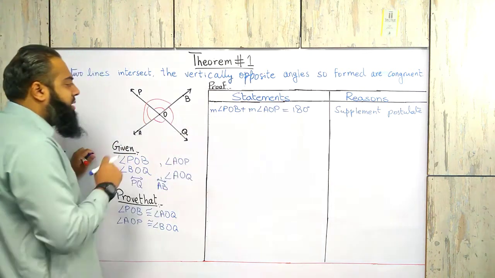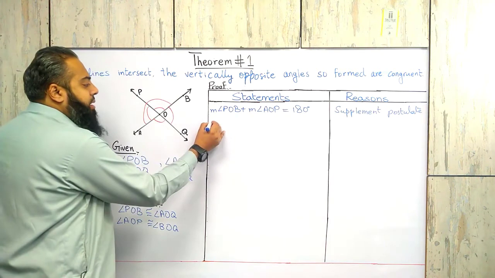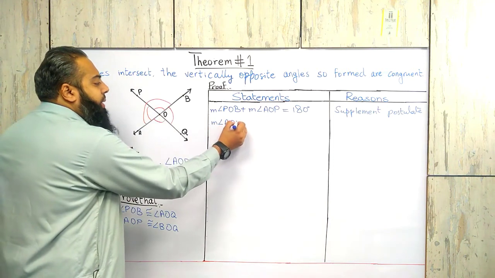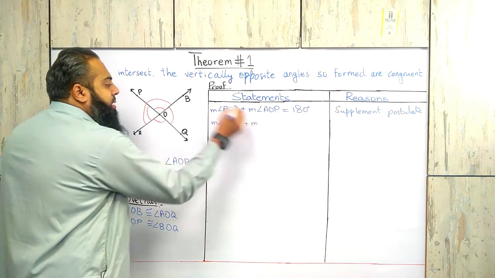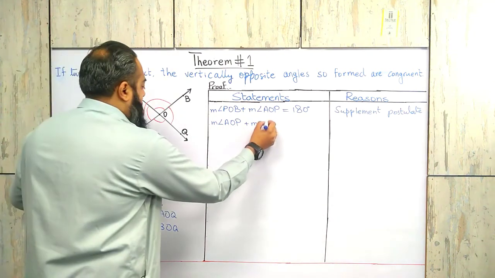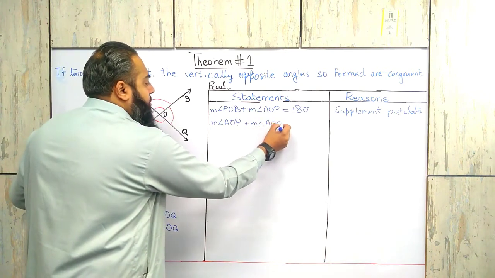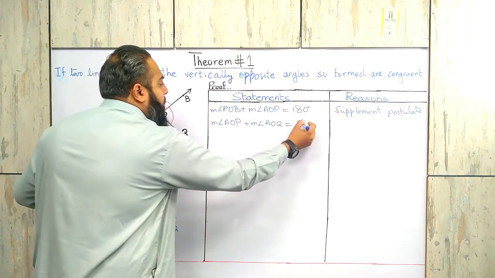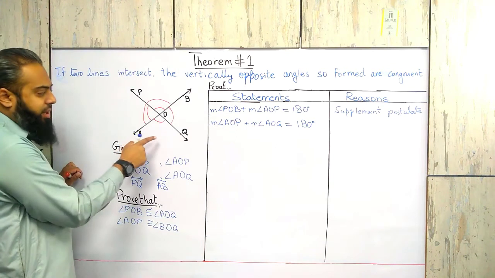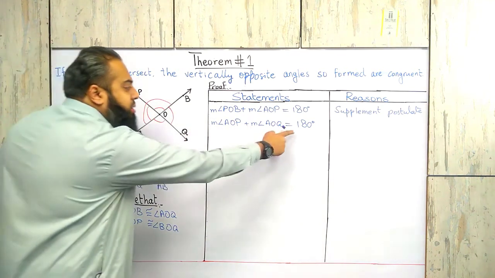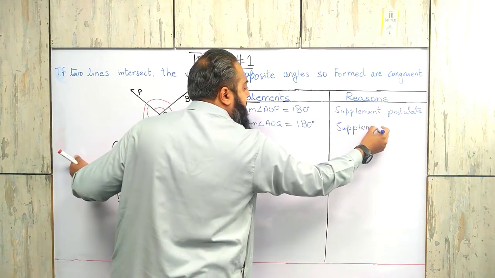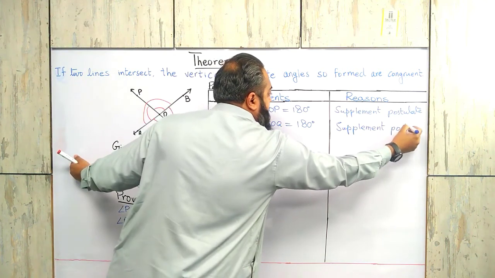And now we can also see that measure angle AOP plus measure angle AOQ equals 180 degrees, and the reason behind is again the same as above: supplement postulate.